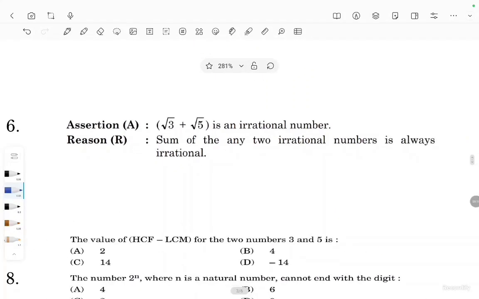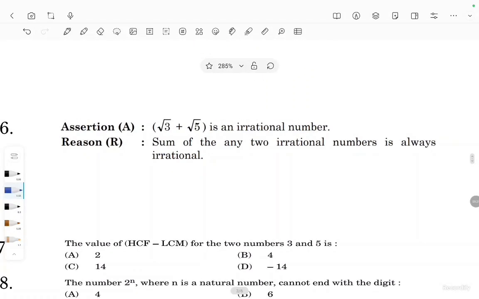Assertion reason. Root 3 plus root 5 is an irrational number. We have just done it. It is true. Sum of any two irrational numbers is always irrational. Is it true? You can think that root 2 plus root 3 is irrational, root 3 plus root 5 is irrational. So we can conclude that this statement is also true, as the sum of two irrational numbers is always irrational.